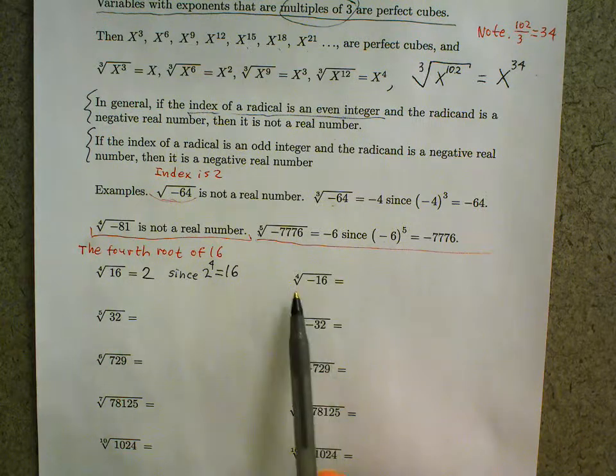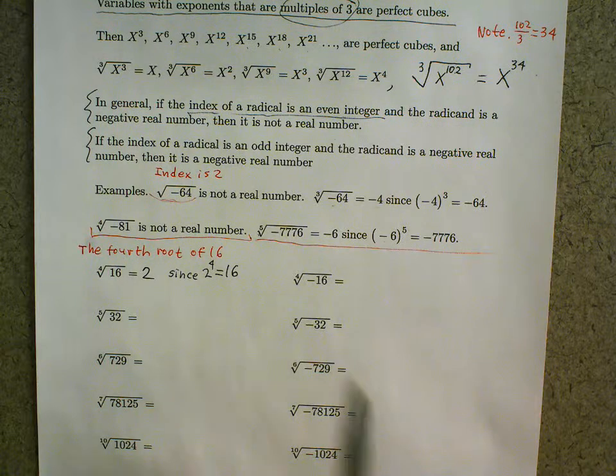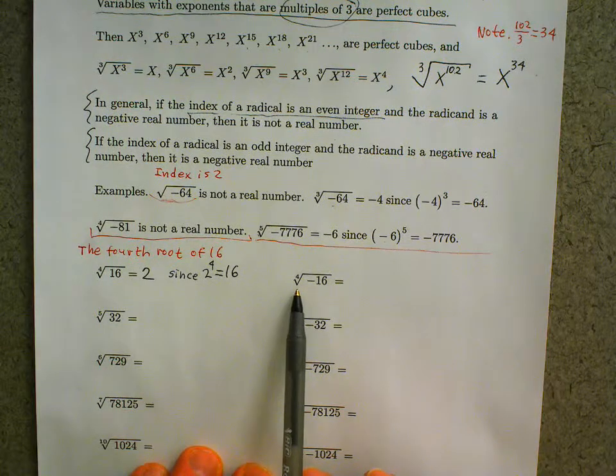Okay, then the one on the right, the fourth root of negative 16. For now, we'll just analyze it in the following way.